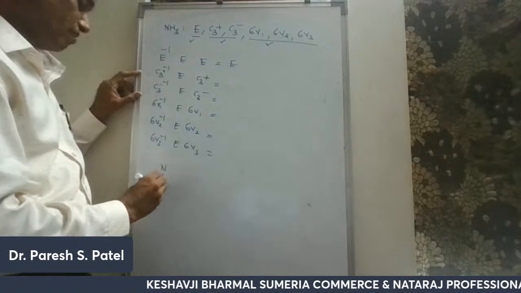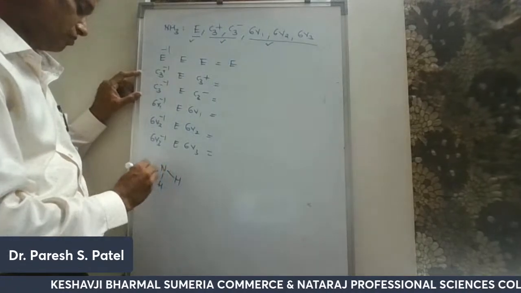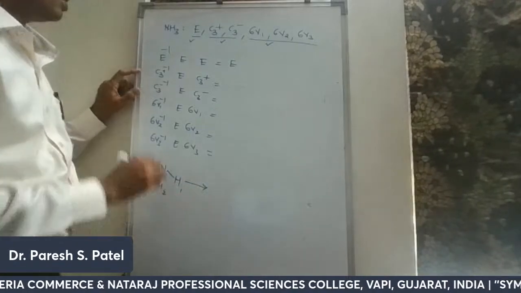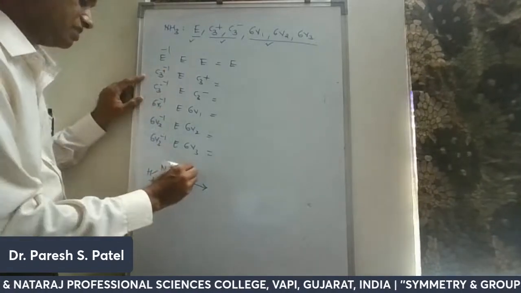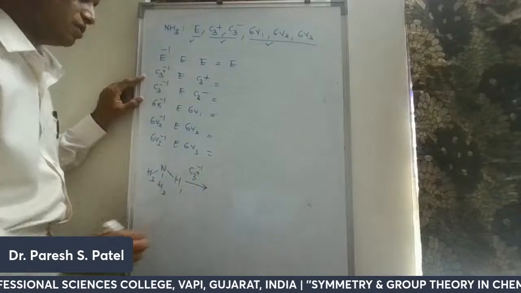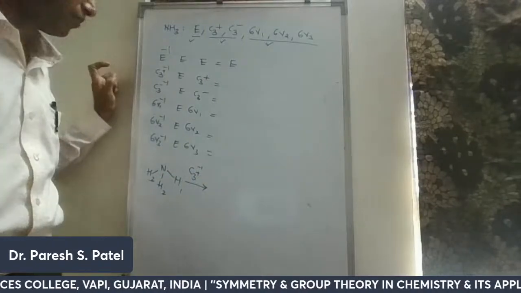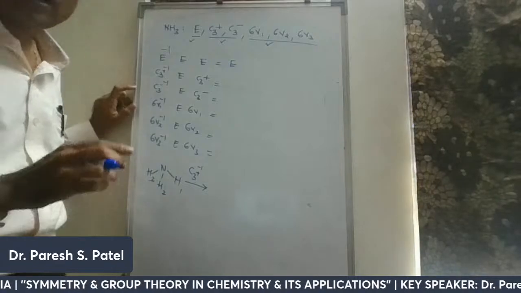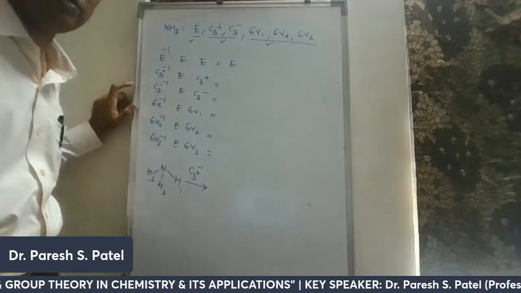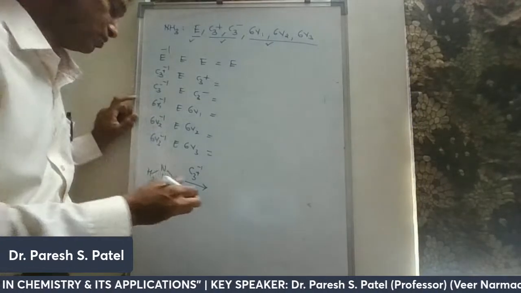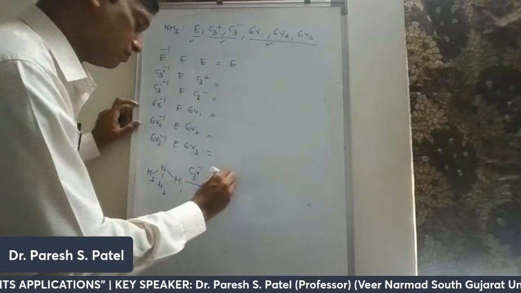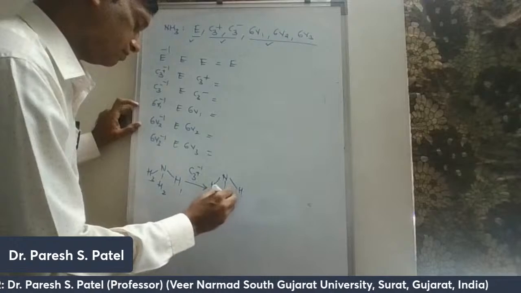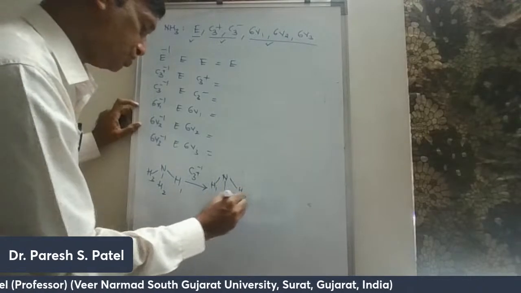In case of ammonia molecule, 1, 2, and 3. C3 plus inverse. So dear students, remember that C3 plus means one time clockwise rotation, and C3 plus inverse means one time anti-clockwise rotation. So 1, 2, and 3.